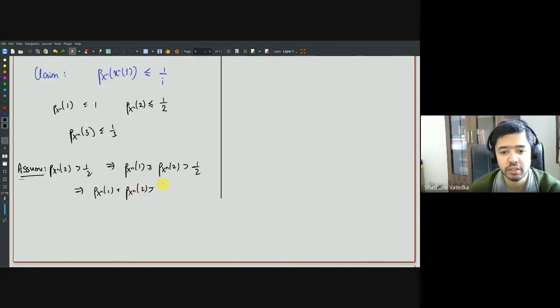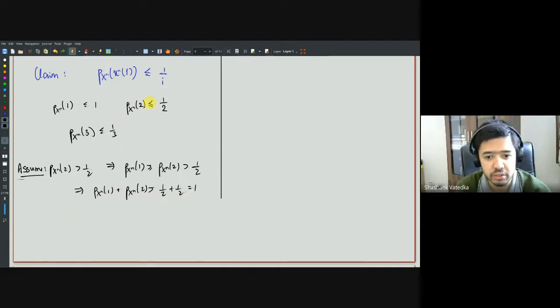This would be strictly greater than half plus half, which is equal to 1. But the sum of the probabilities can never be greater than 1. So that's a contradiction. It can never happen. Either that is wrong, or P_Xn of 2 is not the second largest sequence. Whatever it is, you arrive at a contradiction.